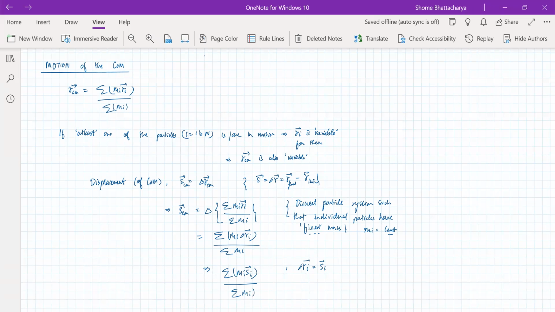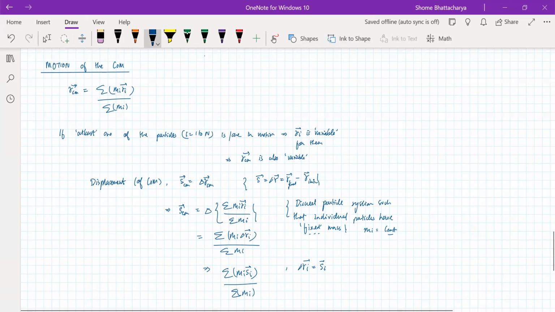So we have a very symmetrical definition for displacement of center of mass, like we have for position. Just as position was the weighted mean of the individual positions, like that the displacement of the center of mass is the weighted mean of the displacement of the individual particles.